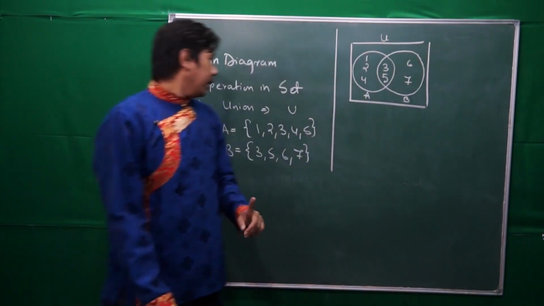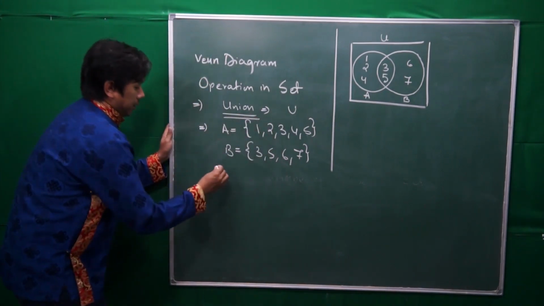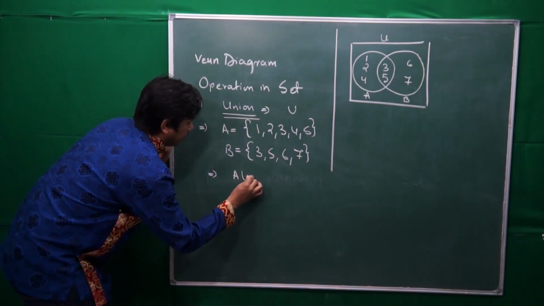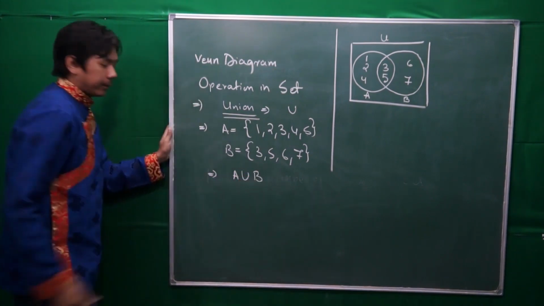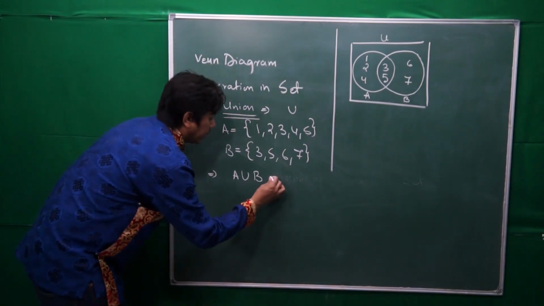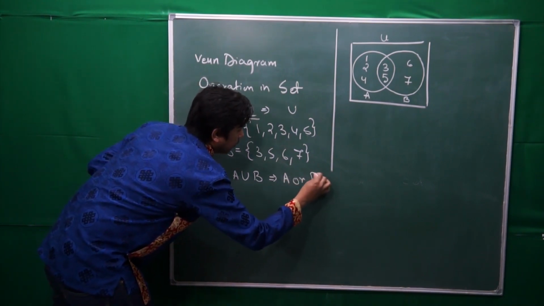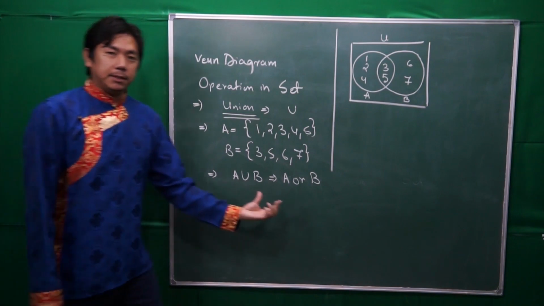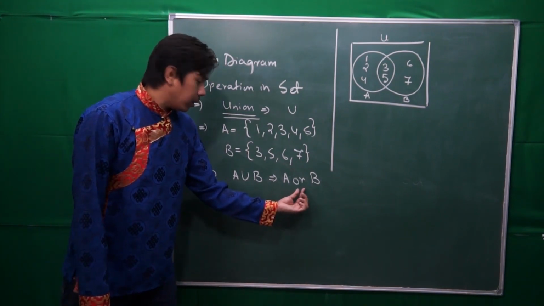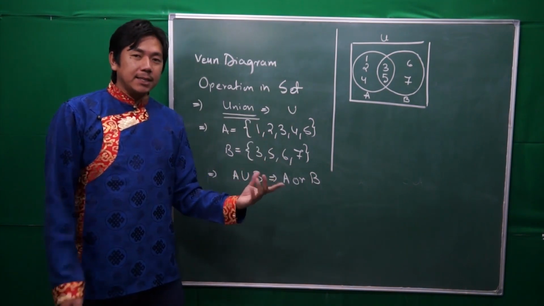The thing we were talking about was the union. How do we represent it? We write A union B, or it is also stated as A or B. In computer science, students always use the OR symbol, and we know that OR represents addition.